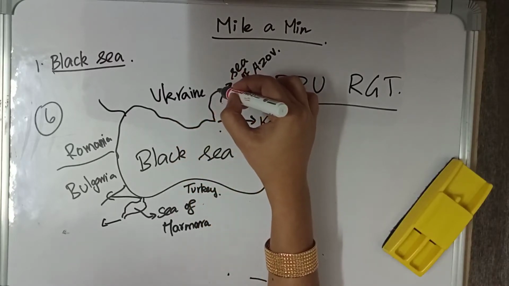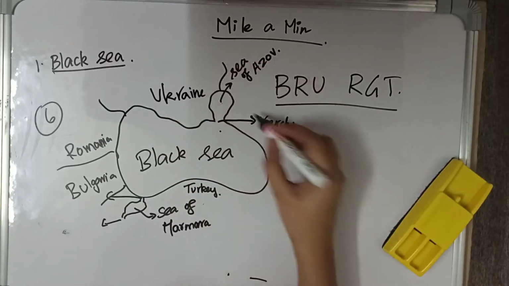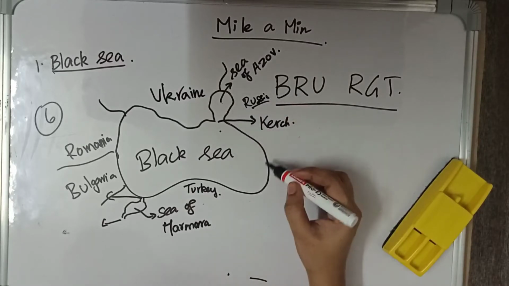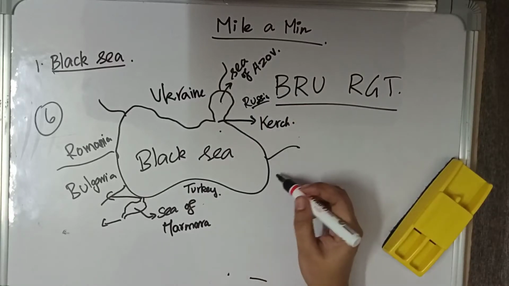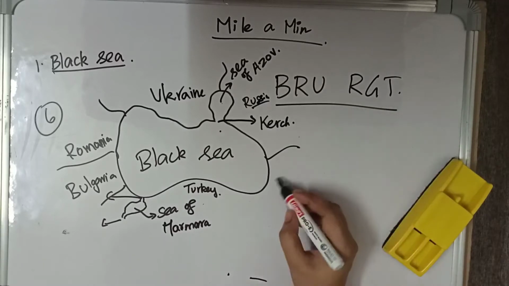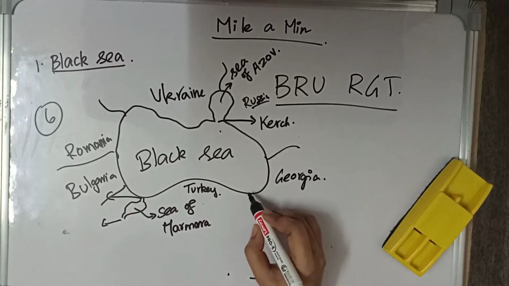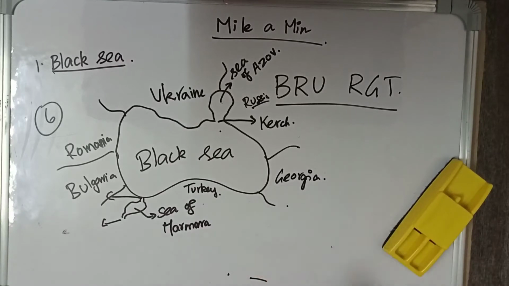And after that we have Russia. Here it is Russia. And here it is Georgia. So these are the countries that surround the Black Sea.